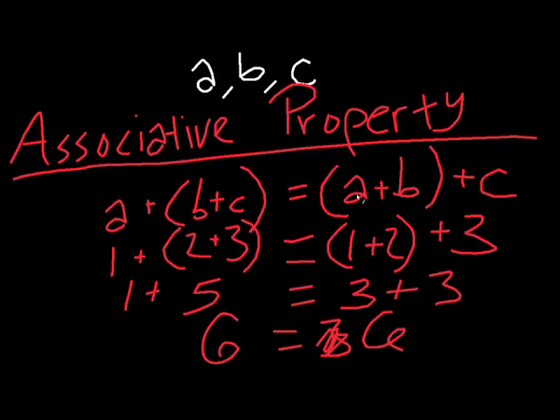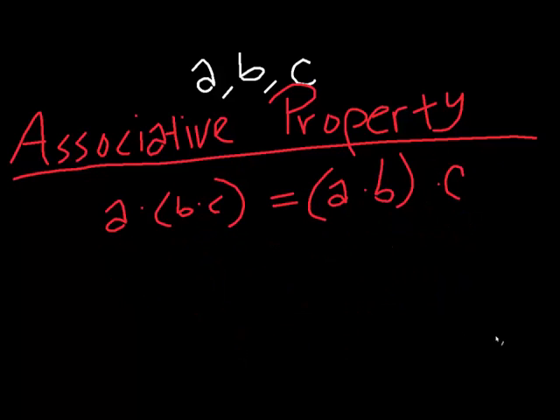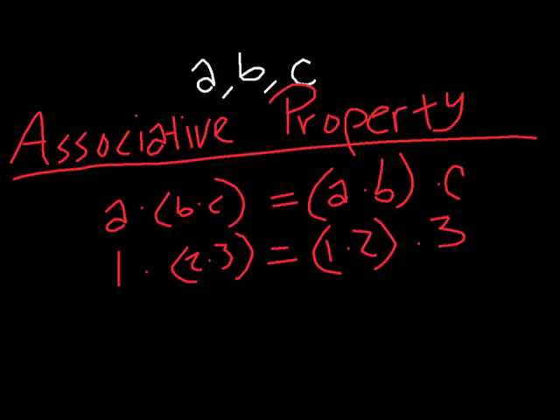Now, let's look at the very similar multiplication aspect of the associative property. Okay, so it is the exact same thing, except notice that I've swapped out the plus signs for these little dots, the multiplication signs. So let's go ahead and test this one out. You've got 1 times 2 times 3, which equals, according to the associative property, 1 times 2 times 3.